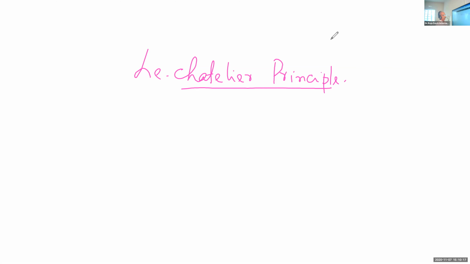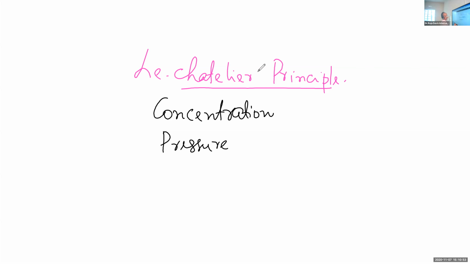Now let us see the Le-Chatelier principle. An equilibrium is governed by certain variables like concentration, pressure, and temperature. The factors which affect an equilibrium are, one, concentration of the reactants. Second, pressure for gas phase reactions.